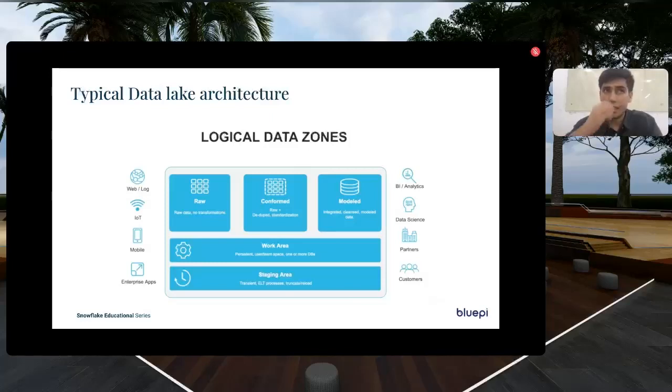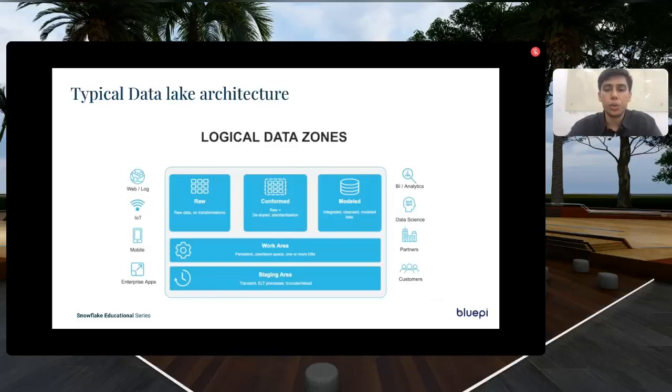Let me give you an example. Let's say in the source you have your point of sale data, and then you have your customer data as well, and let's say you have your location master as well, and one of your data analysts wants a report which gives you, let's say, day wise sale of each city in India.